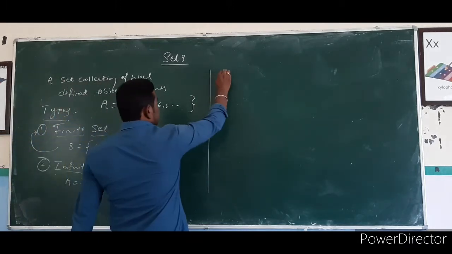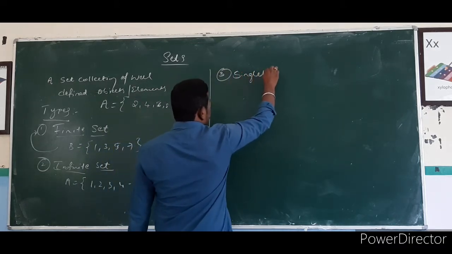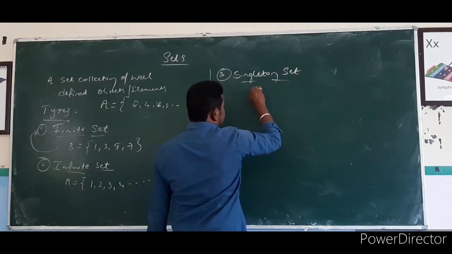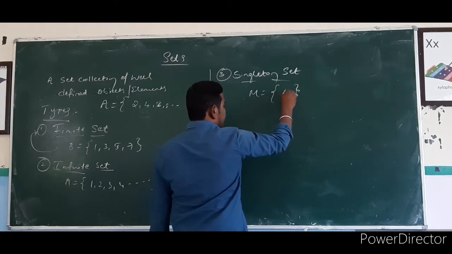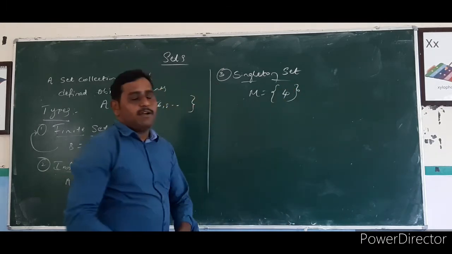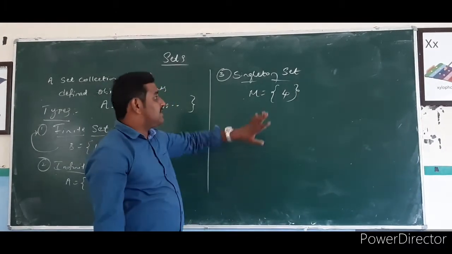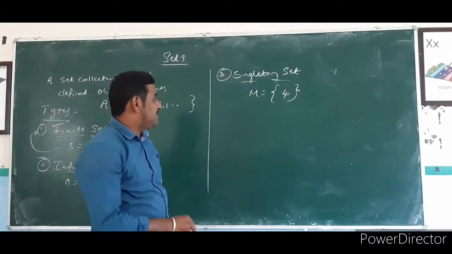Next, the third one is singleton set. Singleton set means it can have only one element. The set having only one element, that set we call singleton set.